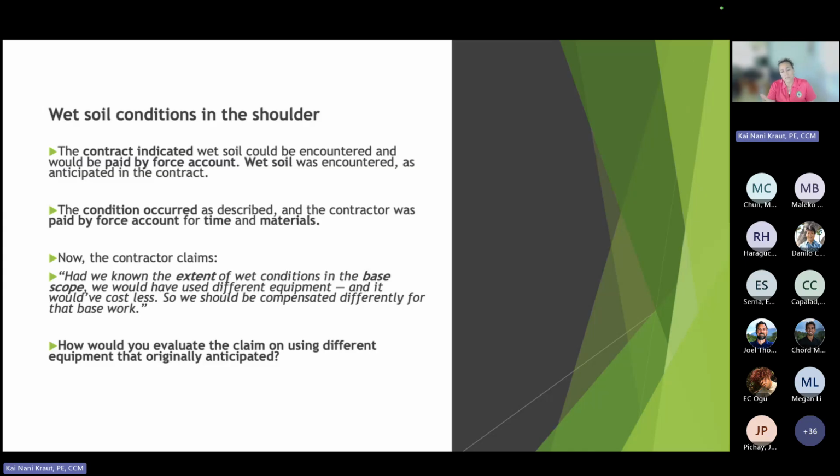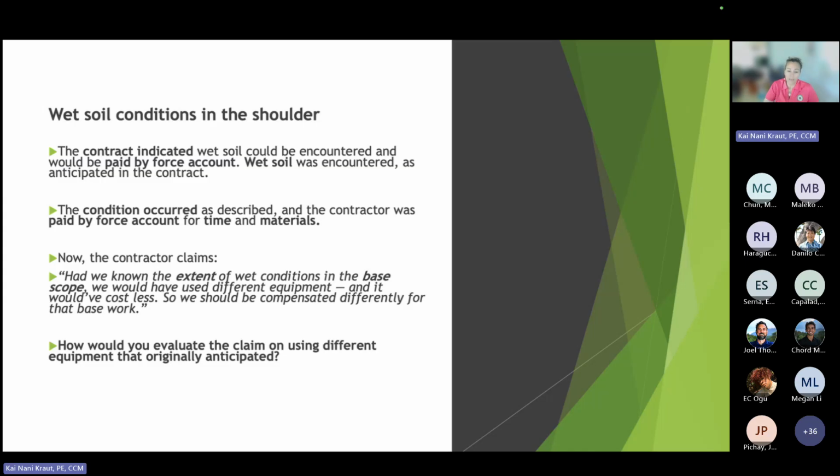So this is a scenario, wet soil conditions. I don't know if any of the Kauai people are here, but this is kind of their example. The contract indicated wet soil conditions could be encountered and would be paid by force account. Wet soil was encountered as anticipated in the contract. The condition occurred as described, and the contractor was paid by force account for time and materials on the wet change.